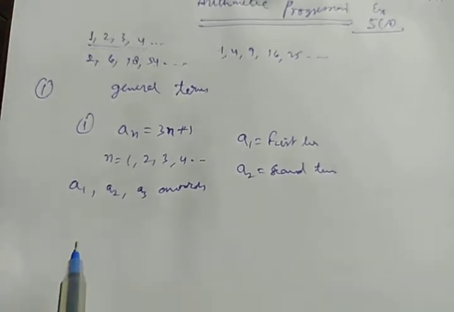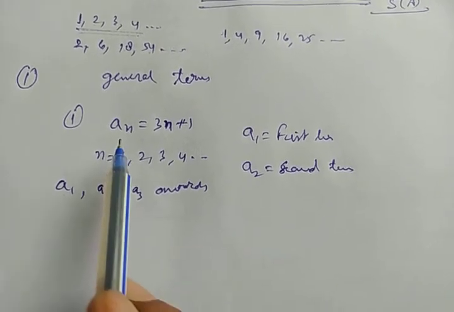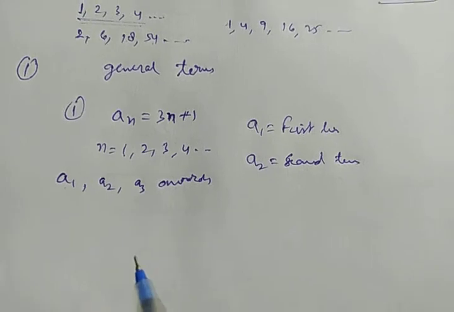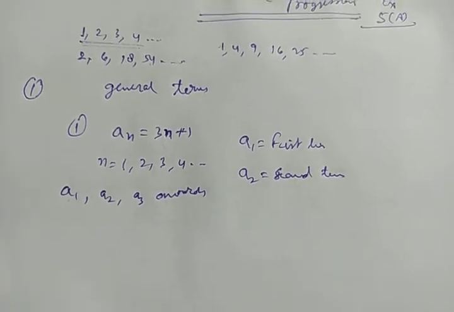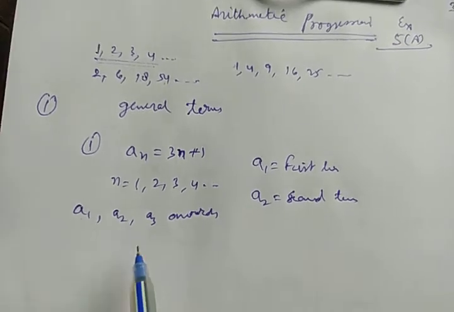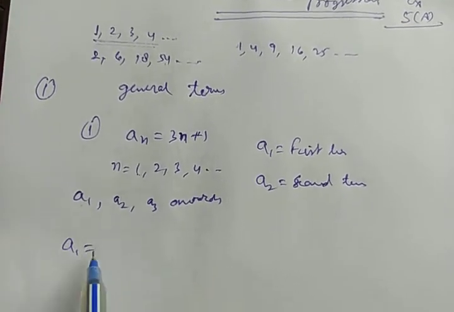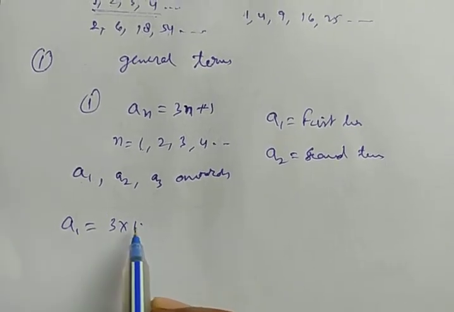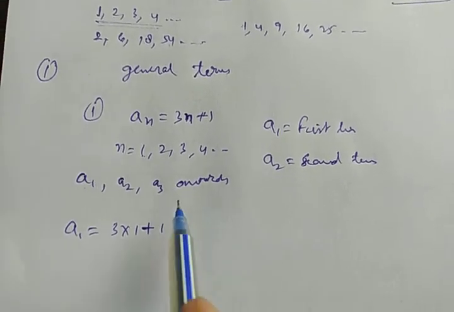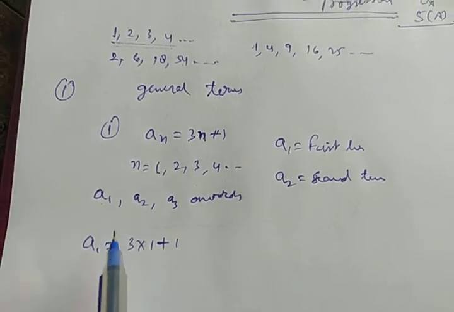Whatever the question is saying, suppose it is asking to calculate the 10th term, it means you will substitute the value n is equal to 10. Now the question is saying find the first four terms. Find the four terms means you have to obtain a1, a2, a3, a4. Means a1 is equal to 3 into 1 plus 1. In place of n you will put 1.